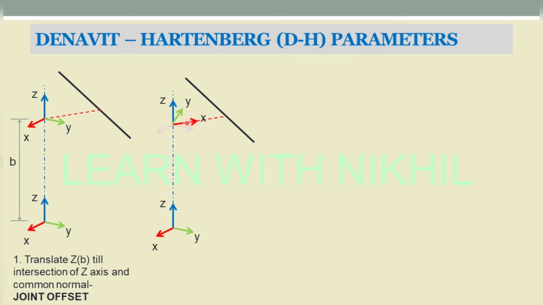It is rotated at an angle, and as you can see the X axis now becomes parallel with the common normal. So we have to rotate in such a way that the X axis comes parallel and gets aligned with this common normal. So we have rotated this frame along the Z axis. This angle we denote as theta, and this theta angle is called the joint angle.